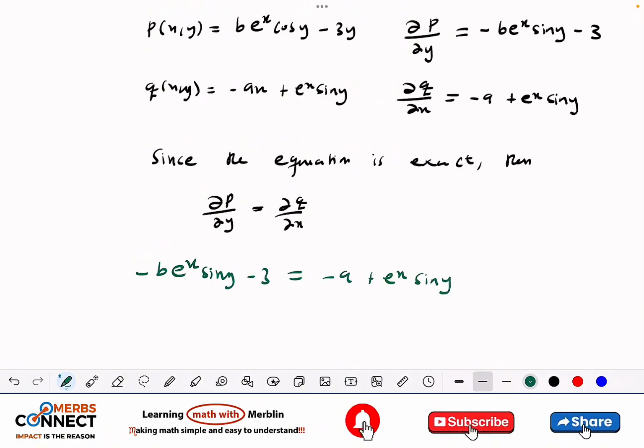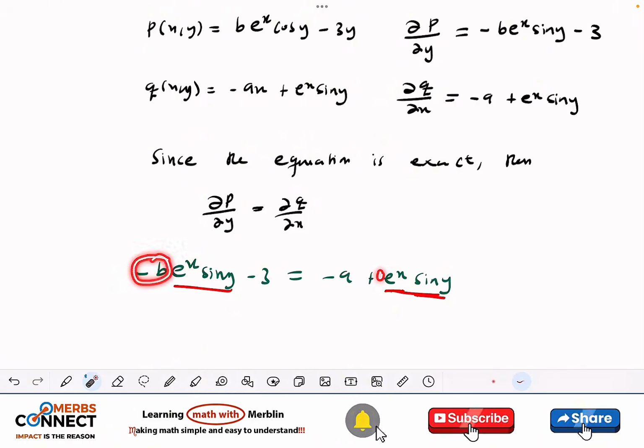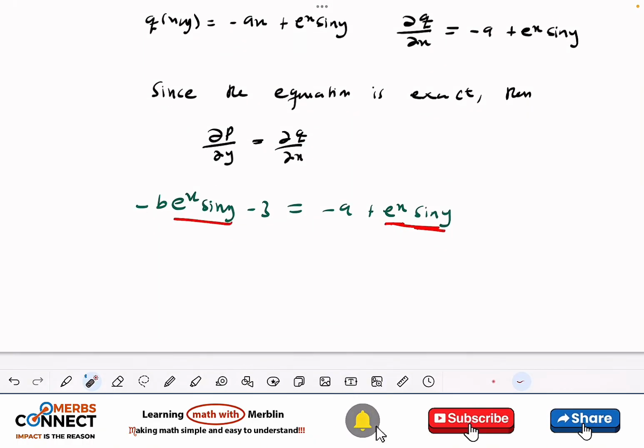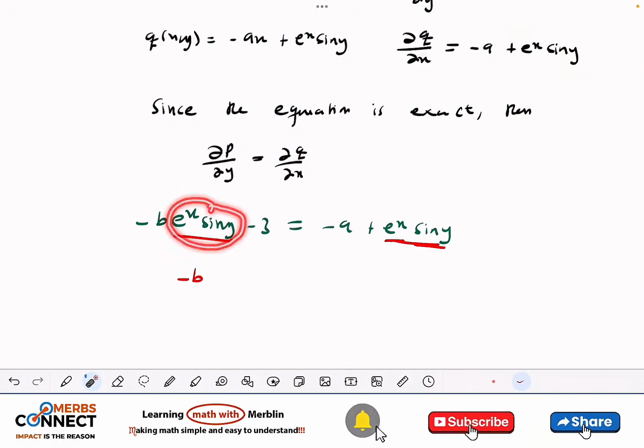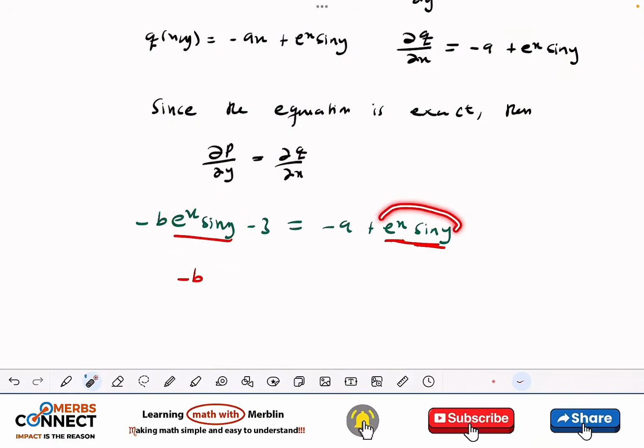So here we need to compare terms. We can see that we have e^x sin y here, and we have e^x sin y here. So it means that these terms are the same, right? So the coefficient of this should be the same as the coefficient of that. Minus b, which is the coefficient of e^x sin y, is the same as the coefficient of this one here, but the coefficient of this one is 1.